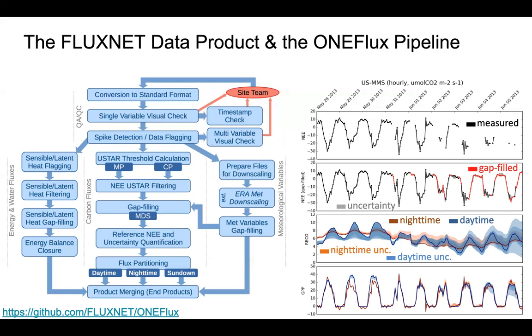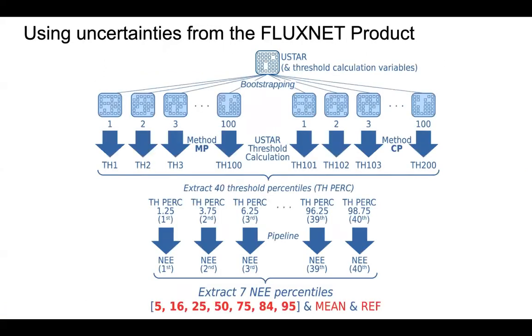And I'm going to mention how you can take those into account when doing your data processing. So the main source of uncertainty for CO2 fluxes is turbulence conditions, right? If there's not enough turbulence, the eddy covariance method will not work.